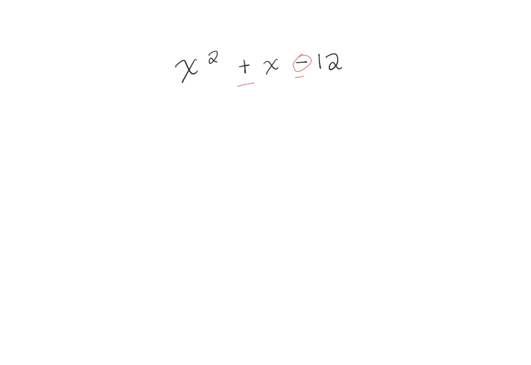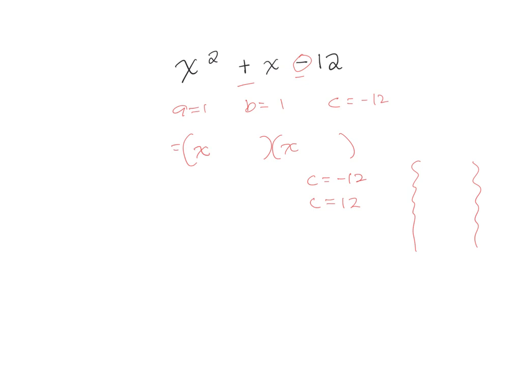So a is equal to 1, b is equal to 1, and c is equal to -12. My first step: a is equal to 1, so this is going to be parentheses x times parentheses x. c is equal to -12, but I'm going to think about it as +12 and write all the factors of 12. I'm going to have 1 and 12, 2 and 6, and 3 and 4.